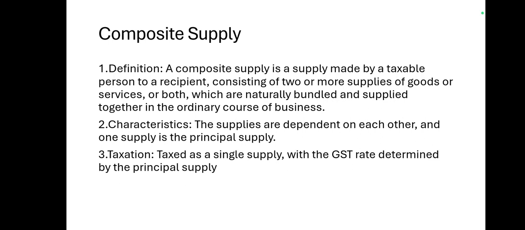Whereas in mixed supply the supplies were independent of each other, in composite supply the supplies are dependent on each other. One good cannot be sold without the other. That is what we call dependent.